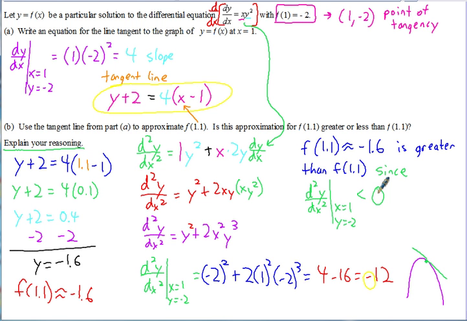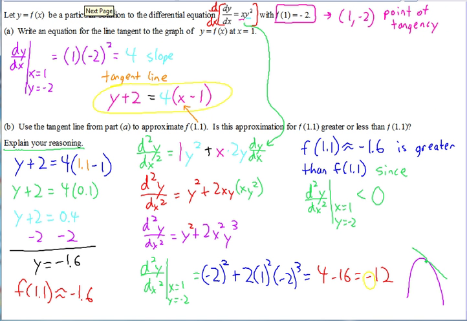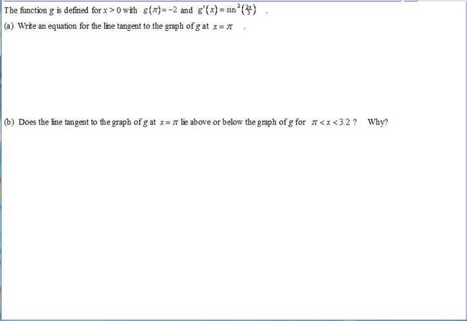So really our justification is just like the one over here, except it's got a different notation. Here we had f double prime of 3 is less than 0, and here it's written in this notation, the second derivative at this point is less than 0.